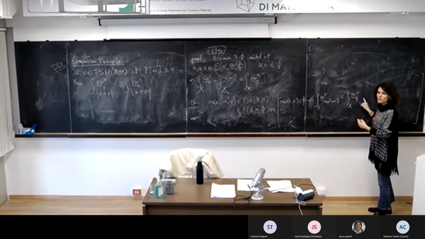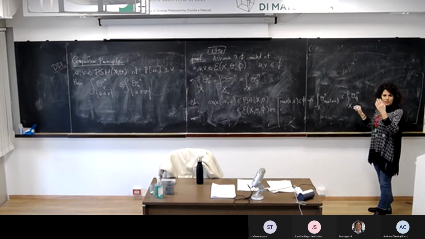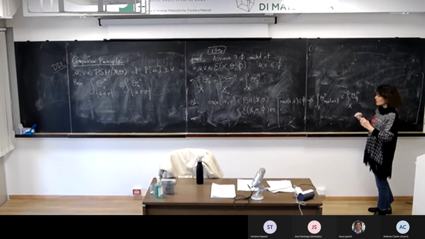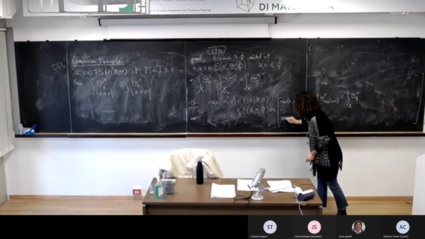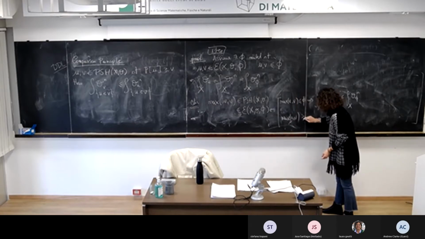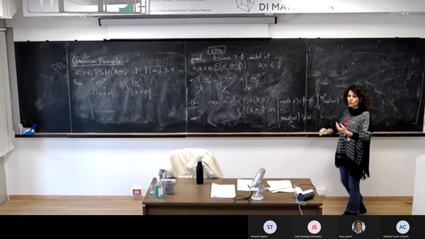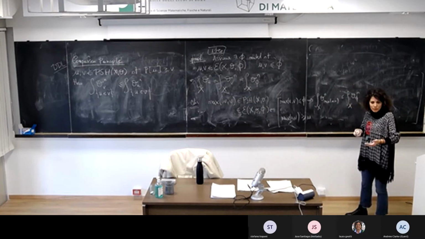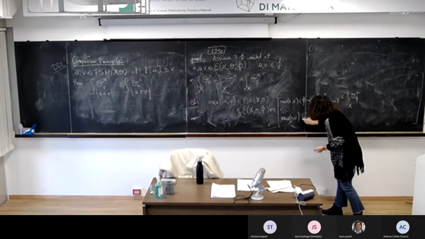This is because this is less singular. We say that the mass, the volume, preserves the inequality. But also the maximum of u and v is less singular than u, because it's a maximum, right? So it's bigger, even bigger.